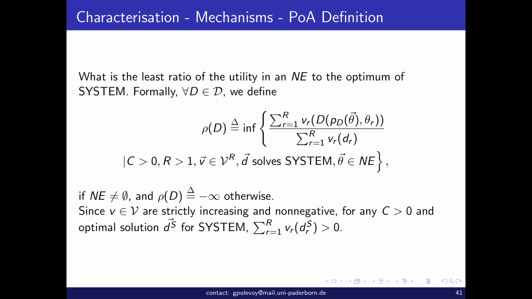What is the best case among all those games when you vary the amount of resource you have C, the number of players you have capital R, the valuation functions? Among those, you look at the smallest price of anarchy.